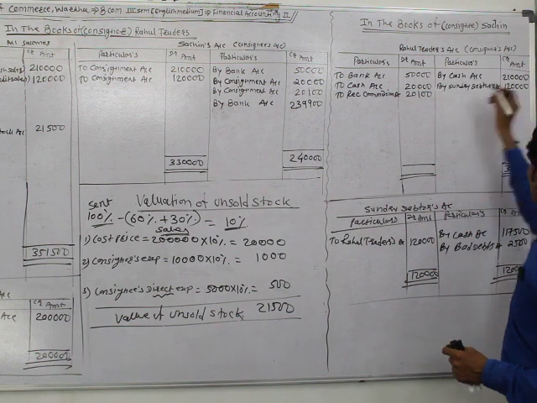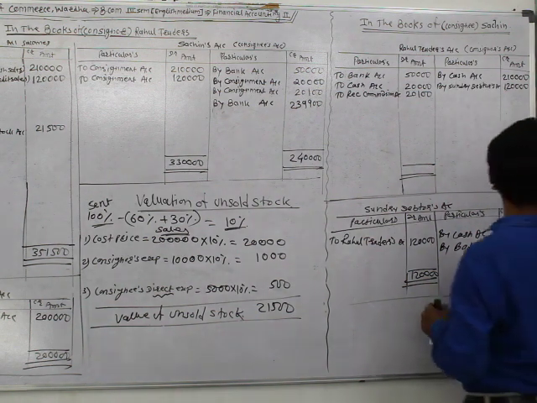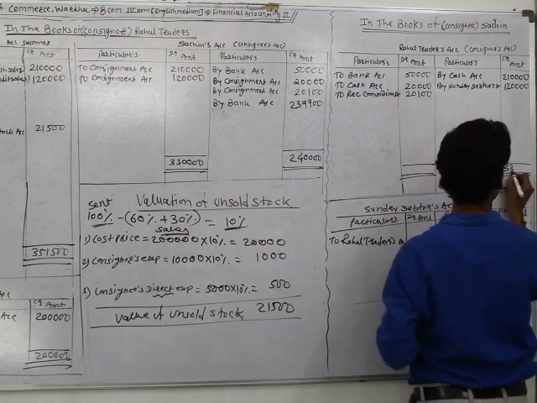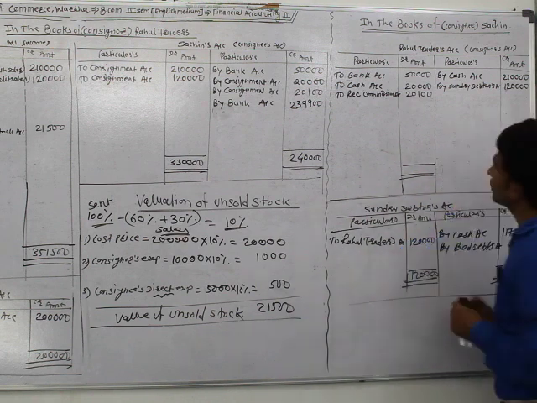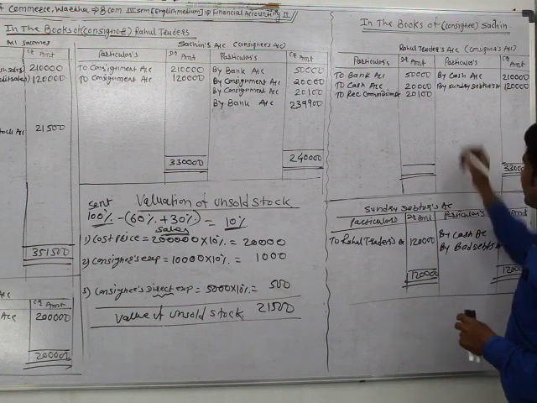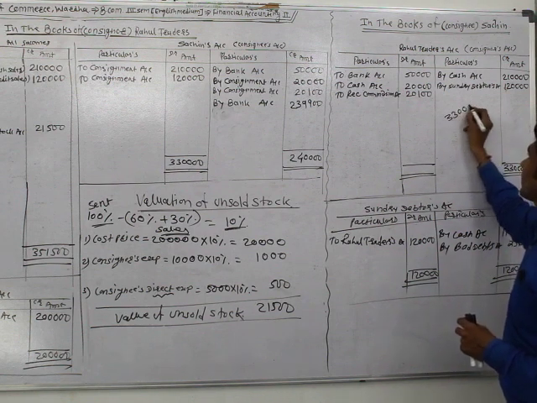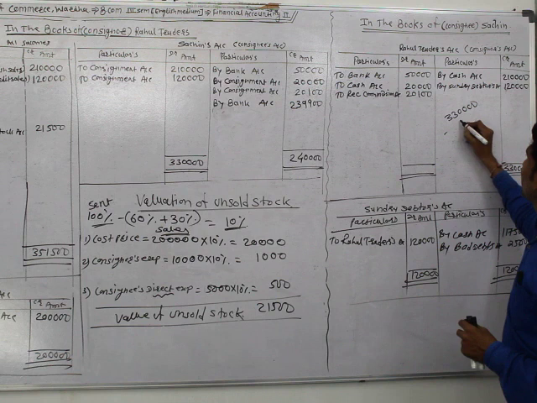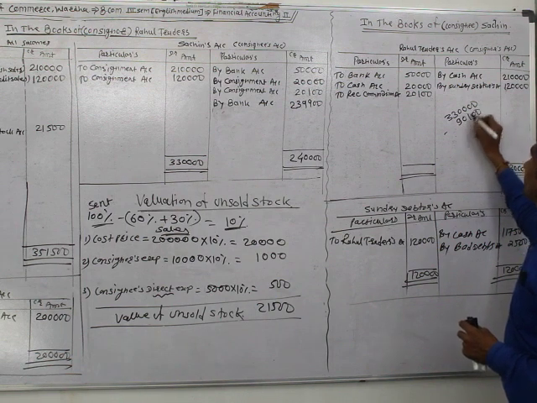The total due amount is rupees 3,30,000. Out of that, this amount is deducted: 3,30,000 minus rupees 90,100.